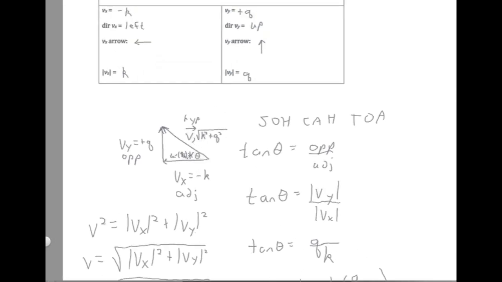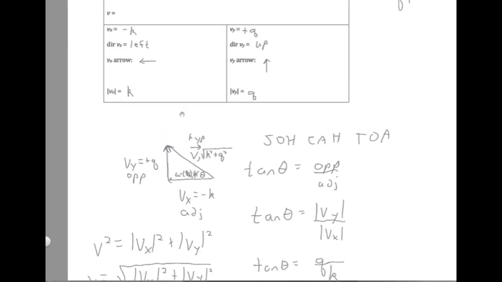Notice I don't say V equals this. I use a comma because remember, this is only the magnitude of V with the arrow. We can say that V without the arrow is equal to the square root of K squared plus Q squared.